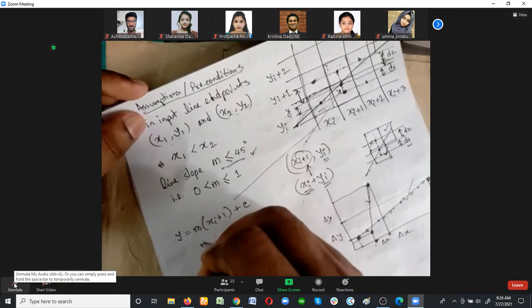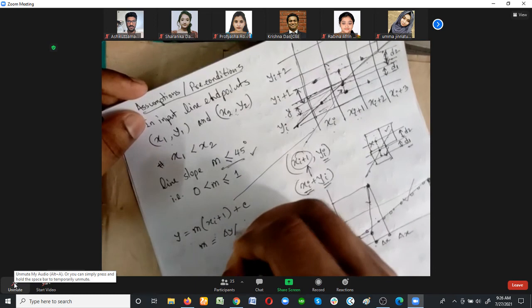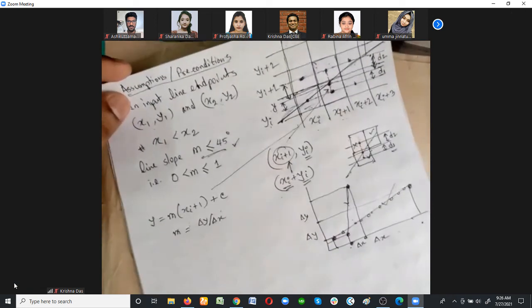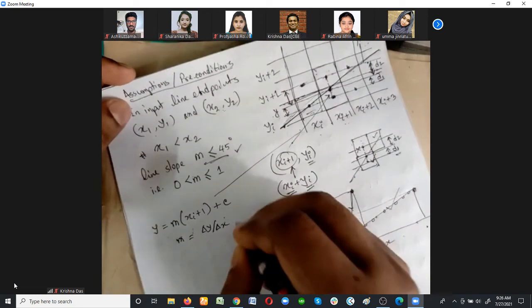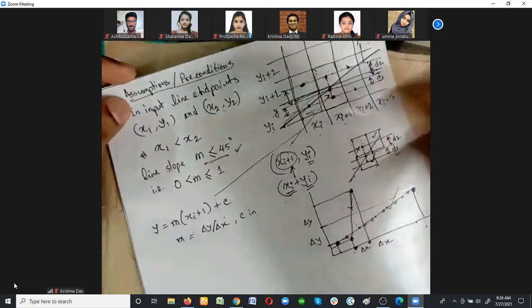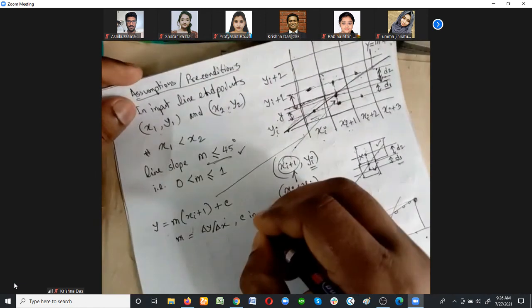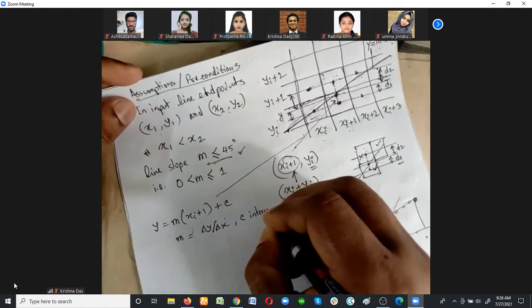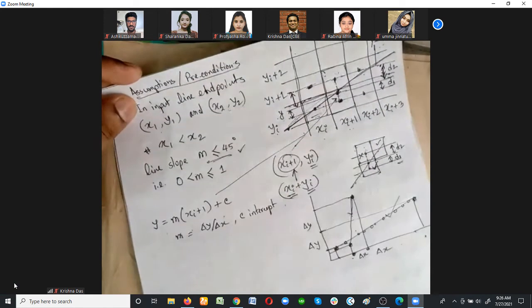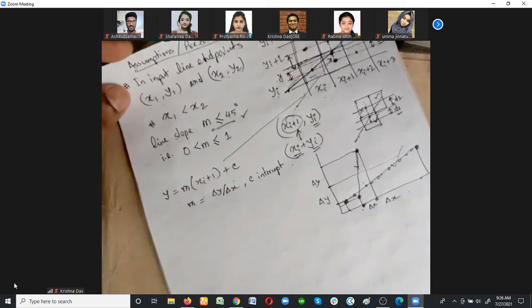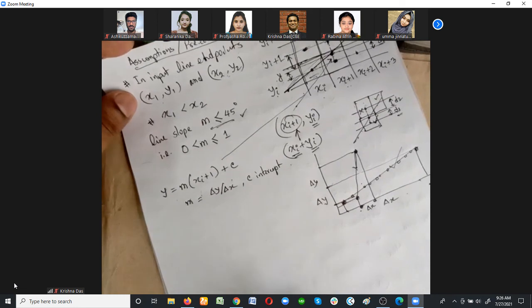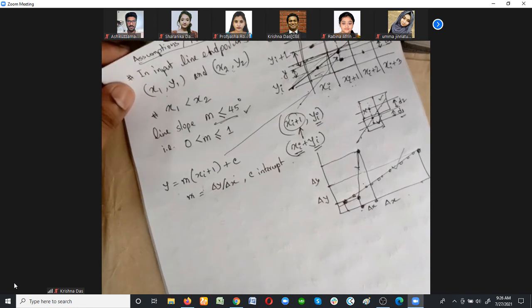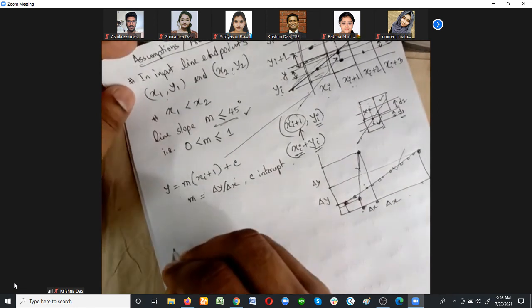The m here is del y by del x, which is the slope, and c is called the intercept, which intercepts the y coordinate. And del x and del y are x2 minus x1 and y2 minus y1, which we already know. Now what is d1?